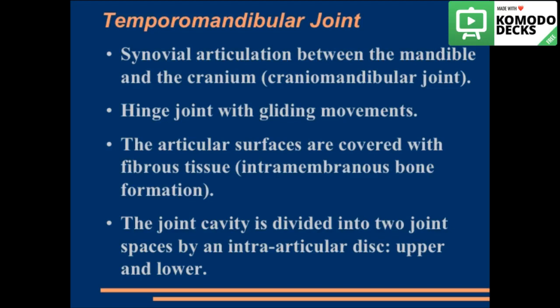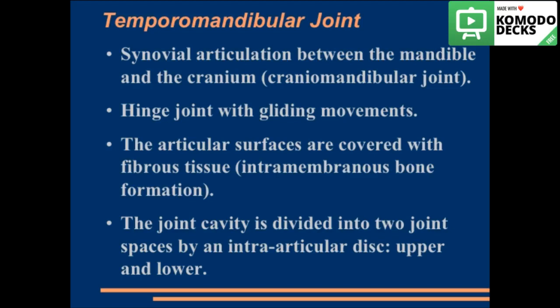This synovial articulation allows for many movements: the hinge joint movements, which are opening and closing, and the gliding or translation movements in the other directions, forward and backward, extrusion, intrusion, and the lateral and medial movements of the mandible.